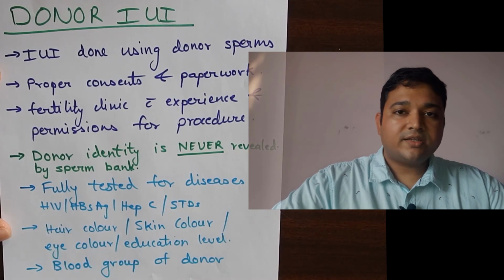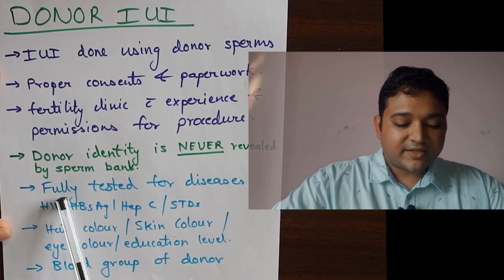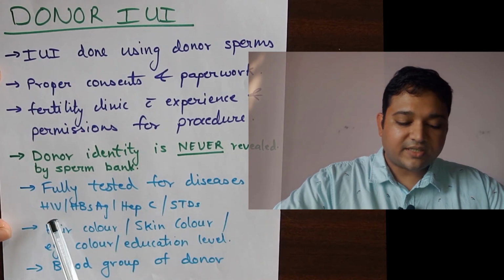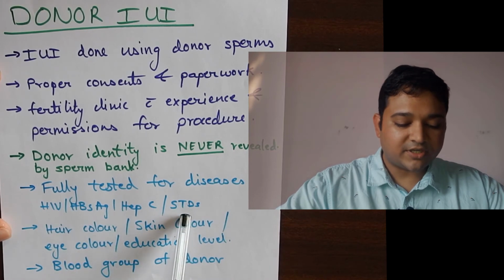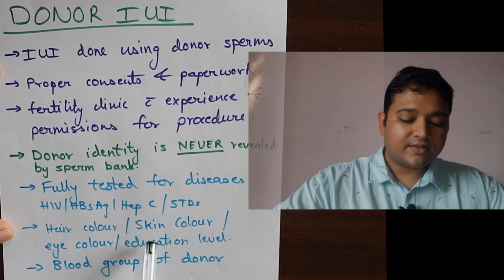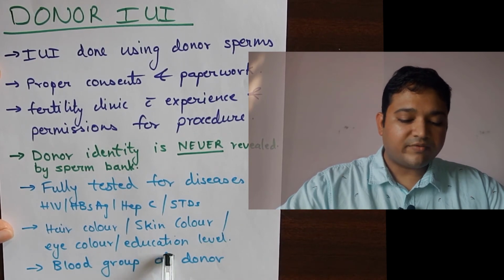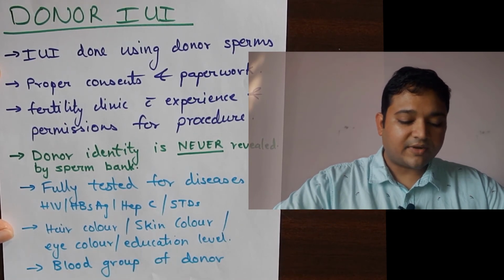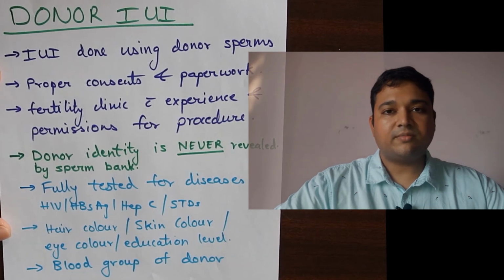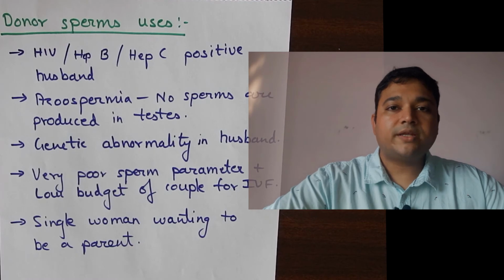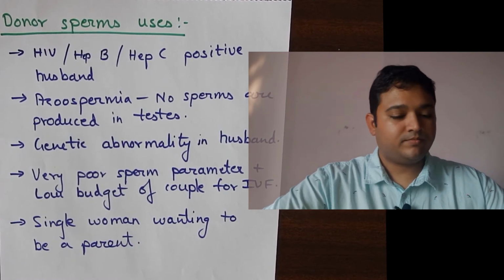Vital information about the donor sperm, such as the fact that it is fully tested for diseases like HIV, hepatitis B and C and other sexually transmitted diseases, the hair color, eye color, skin color of the donor, the educational level of the donor, and another vital information, that is the blood group of the donor, is always revealed by the sperm bank.